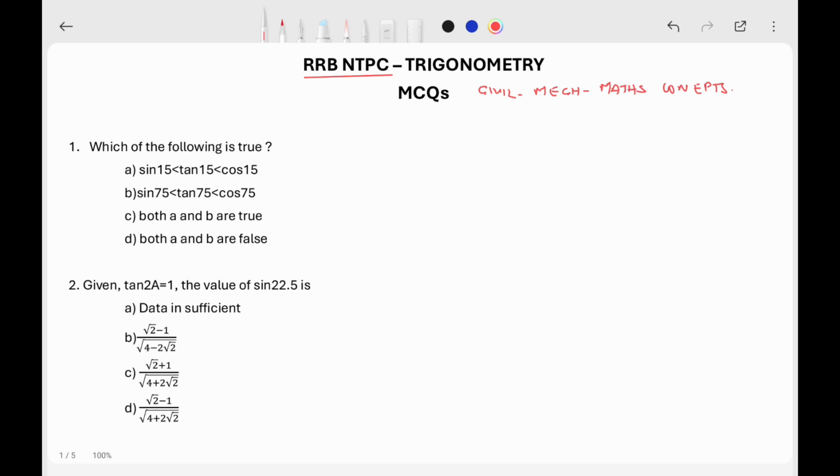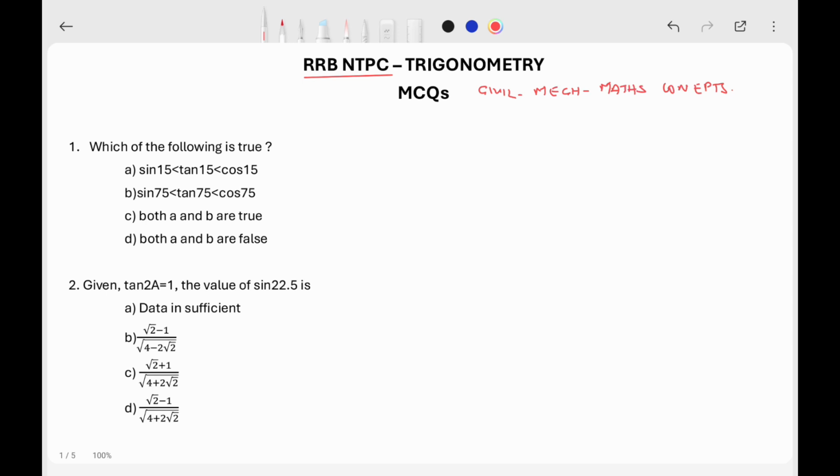On trigonometry, you get a good number of questions coupled with algebra basics, and I have explained the trigonometry identities, compound identities, ratios, and also some algebraic formulae that are required to solve the questions in RRB NTPC regarding trigonometry.